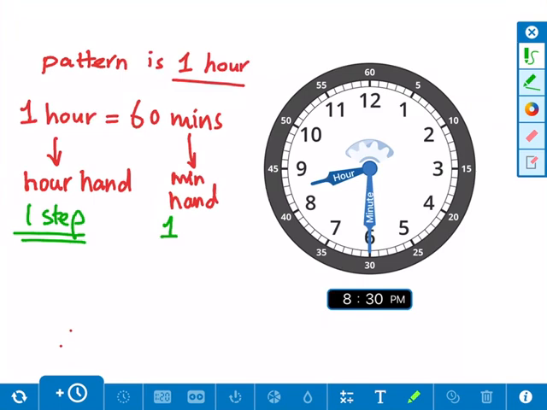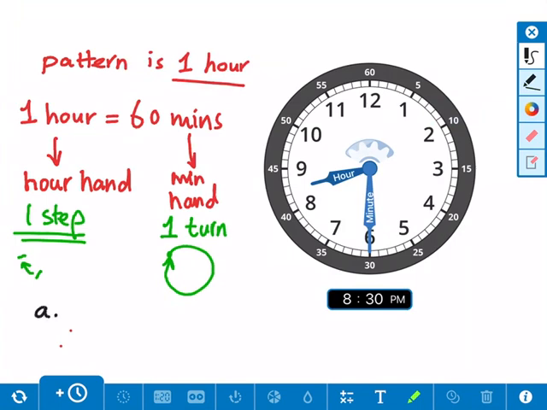So one turn around the whole hour, and the hour hand only moves one step from a number to a number. Okay, now let's try our information.